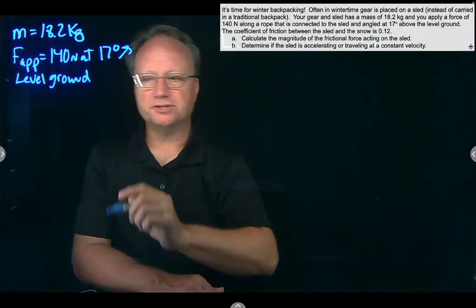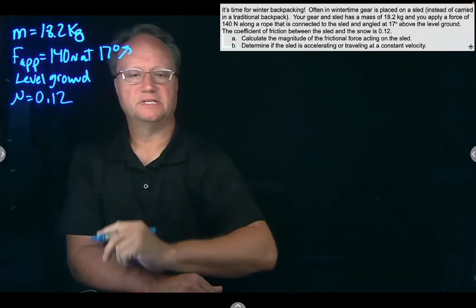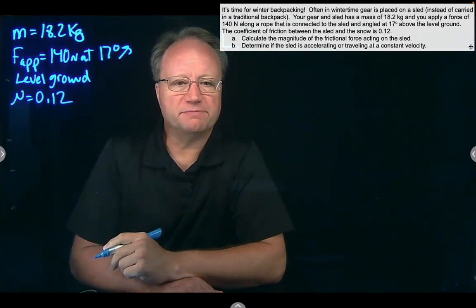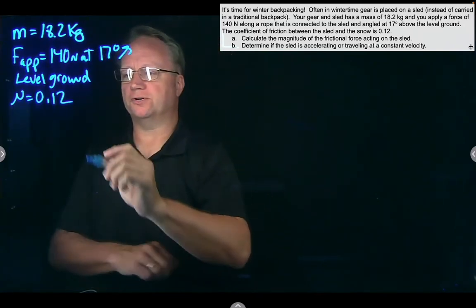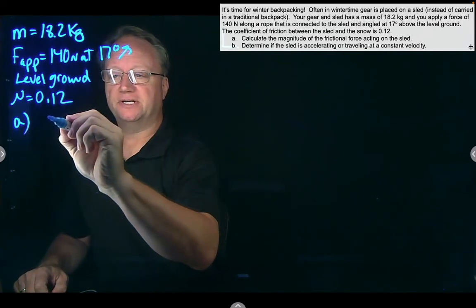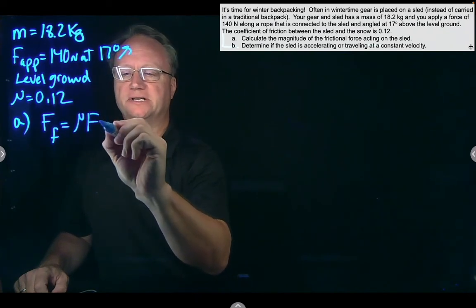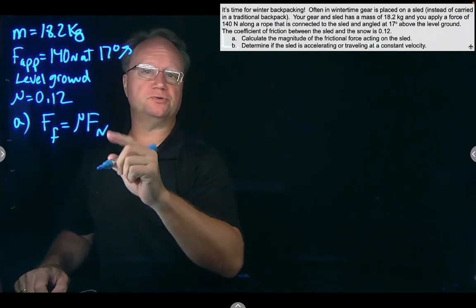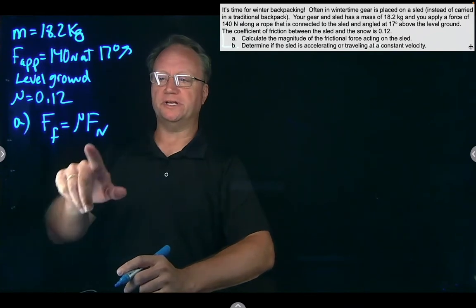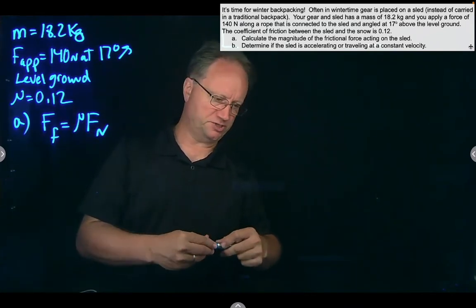And we have a coefficient of friction of 0.12. So the first thing we want to calculate is the magnitude of that frictional force. So we already know the coefficient, so I'm going to look at using the frictional formula directly. Force of friction equals mu times the normal. We know mu, 0.12, but we need to calculate the normal force.